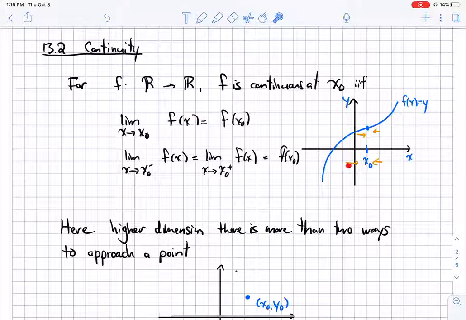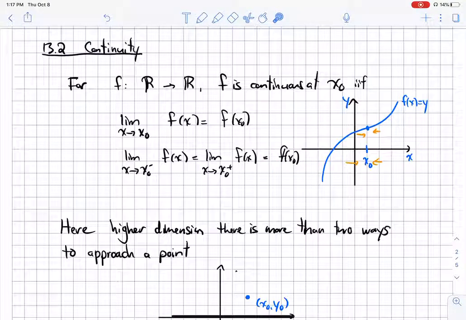I can approach from the left or I can approach from the right, and we say the limit exists if they're both equal. And we say it's continuous if this number, which is the same for both, also equals f of x0. So for continuity, we need a double equality: equality of the limits for the two approaches, and this number should equal also the value of the function.